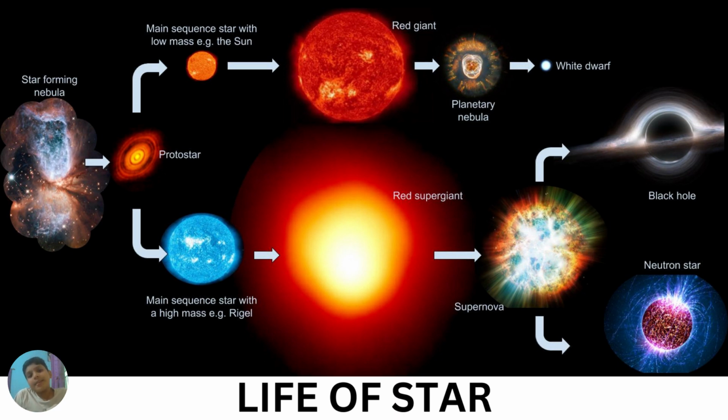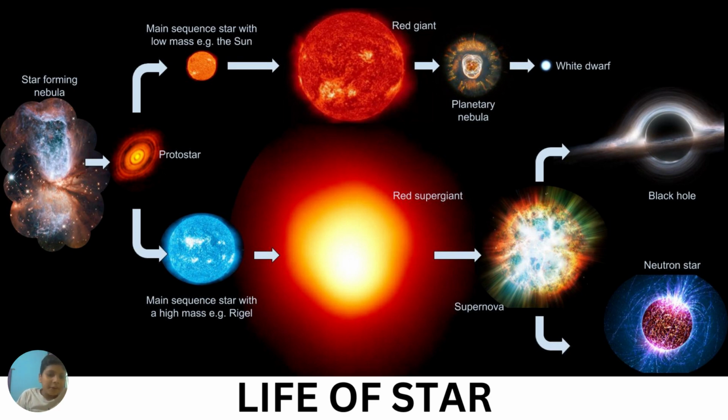A red giant is a type of star which is extremely huge compared to its previous version, and it is so red in color that I have nothing to explain. You can see on the screen. It is so red that the previous version of the star seems orange in color.